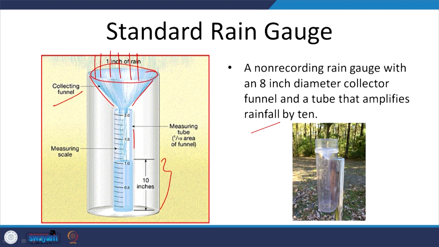So, this is the typical schematic of the standard rain gauge, and in actual practice it looks something like this. So, you see the funnel here where the rain is getting collected, and then it is filled into this measuring tube on which there is a calibration, right. So, you keep it anywhere that you want to measure the rain.